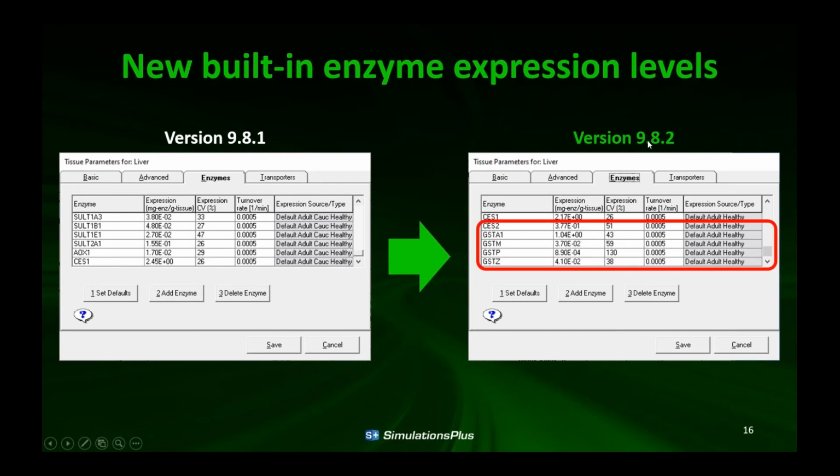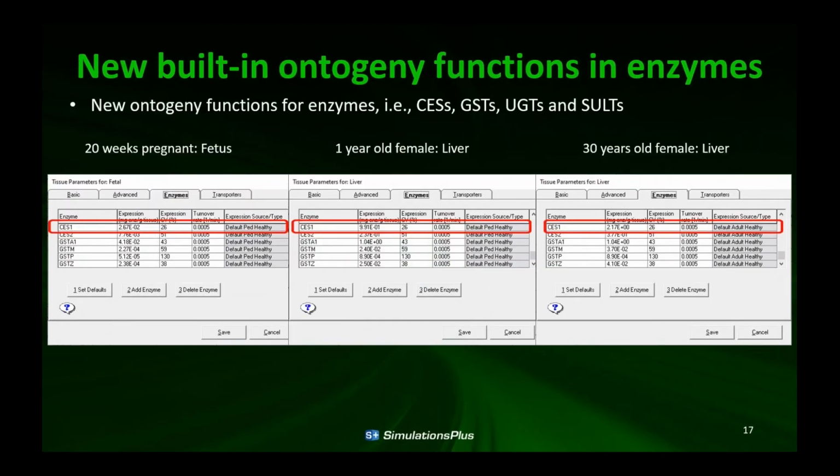In version 9.8.2, we do add CES2 and also different GST enzymes in the program as a default physiology. If you create a PBPK model, all these different expressions will be incorporated in your PBPK model. And we also add some new ontogeny functions for different enzymes.